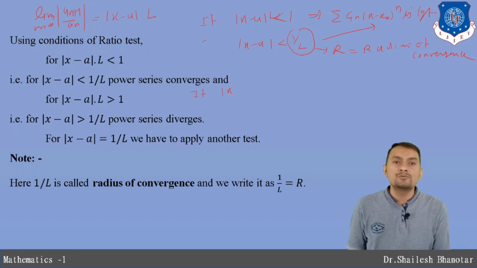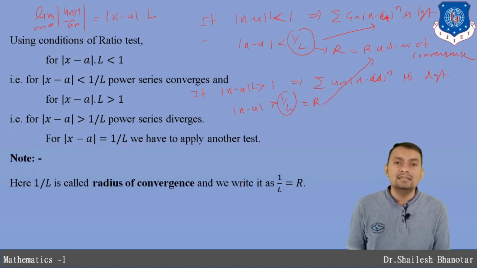If I get absolute value of x minus a into L is greater than 1, then the series is known as divergent. Here I have just assumed x0, but you should keep in mind that it is a. So we can write that absolute value of x minus a is greater than 1 by L, and this is r, known as the radius of convergence.